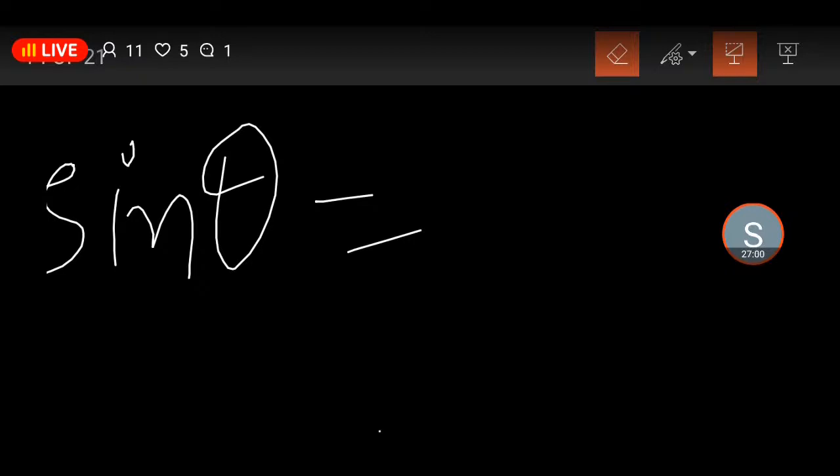If you take sine theta, opposite, that is C bar by. Opposite over sine theta. If you take the angle like this, opposite by it.